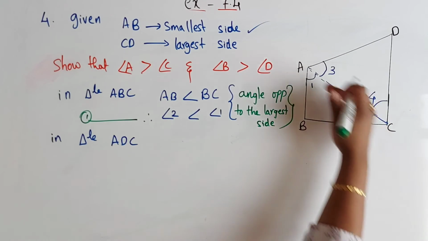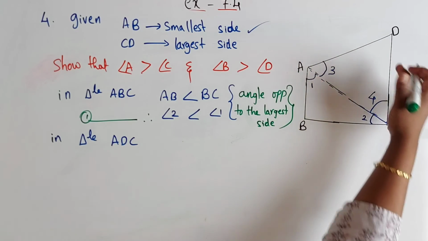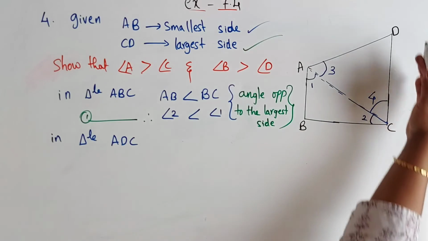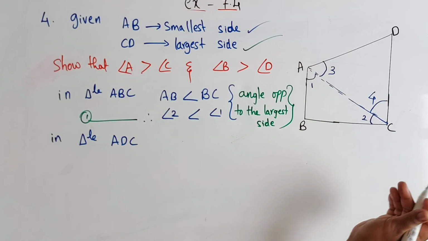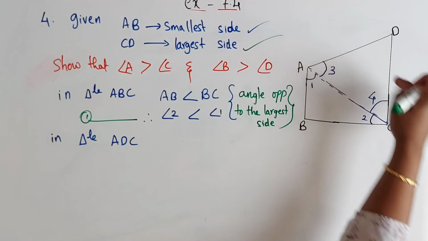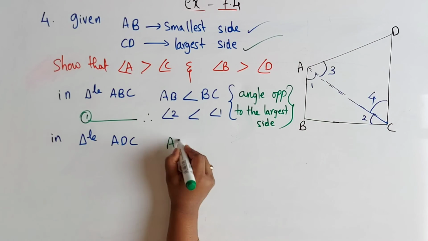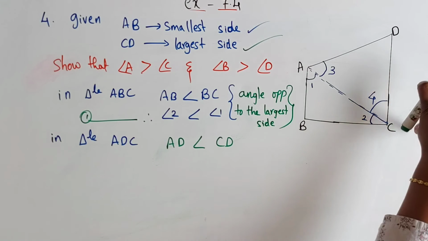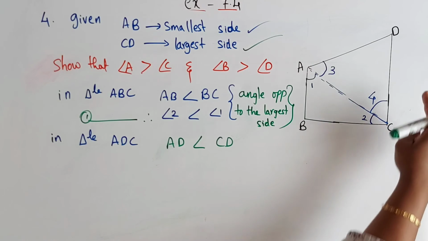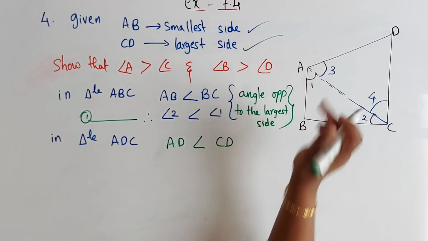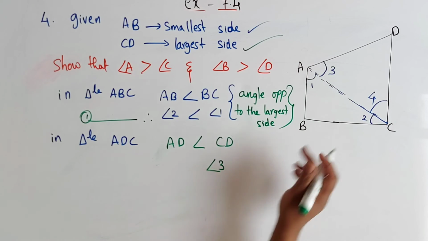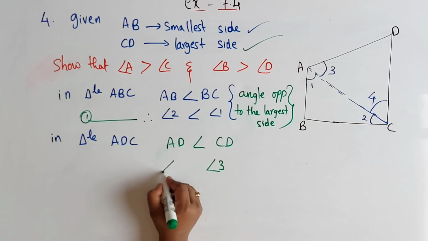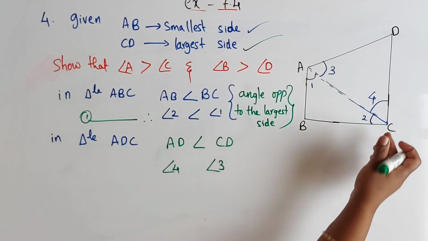Now consider this triangle, children. In triangle ADC, they already mentioned that CD is the largest side. If you compare CD and AD, AD is less than CD. That means CD's opposite angle, angle 3, is the larger angle, and AD's opposite angle, angle 4, is the smallest angle.